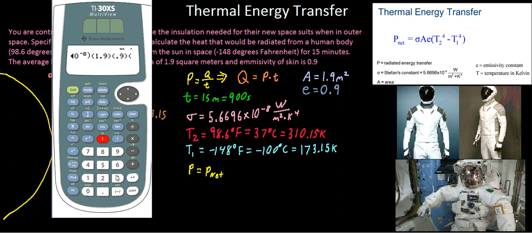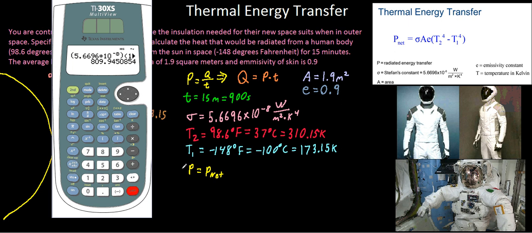So what I mean is we're literally going to type in 310.15, and then we'll hit our exponent button to the fourth power. Then we'll leave our exponent and hit minus 173.15, and then again hit our exponent button. We're taking it to the fourth power. And we can leave and close our parentheses, and this should give us our final, or not our final answer, but our power.